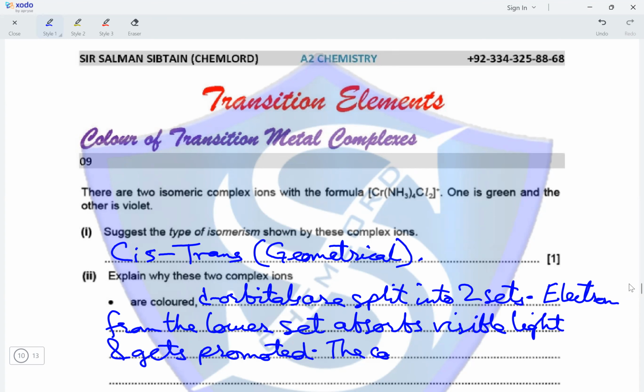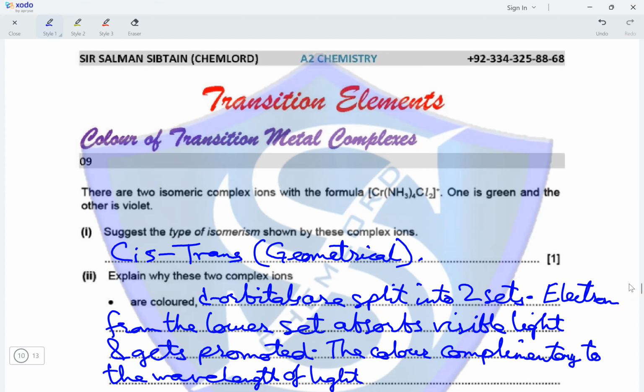The color complementary to the wavelength of light absorbed is observed, and that is why these two complex ions are colored.